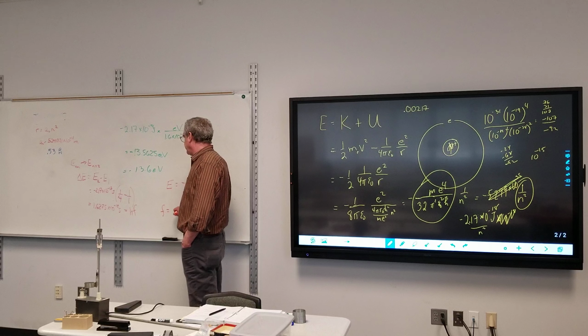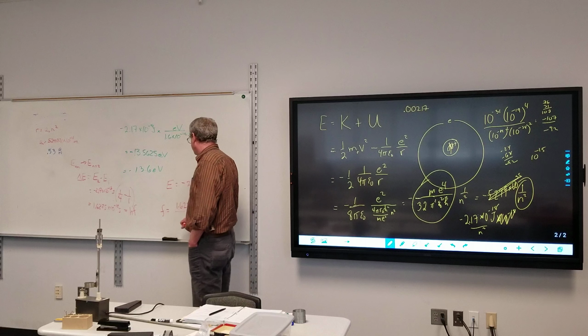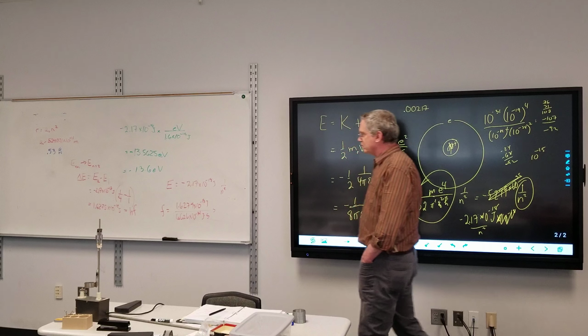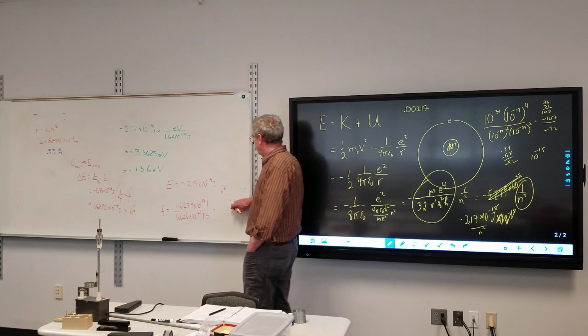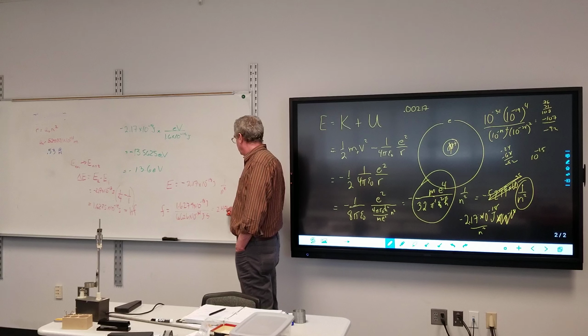So the frequency of light coming in is 1.6275 times 10 to the negative 18 joules divided by Planck's constant, which is 6.626 times 10 to the negative 34th joule seconds. And we end up with 2.456 times 10 to the 15. Units? Hertz, yeah.